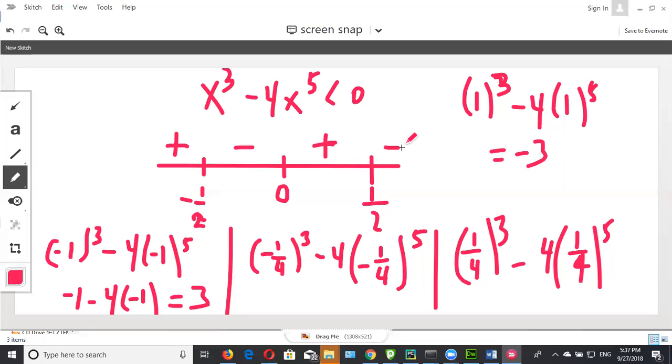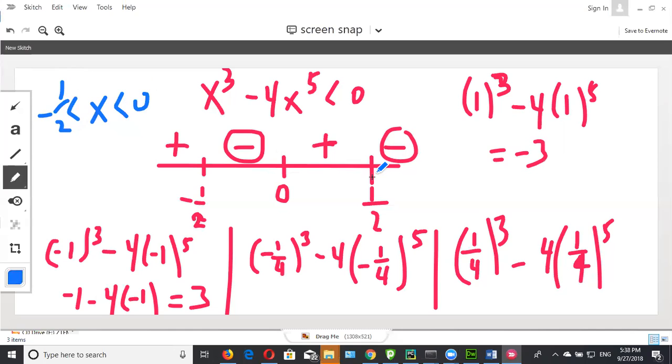So here it's negative. The signs are plus, minus, plus, minus. The regions where the function is less than 0 are the two regions with negatives. So the answer to our inequality, where is this less than 0? We have two regions. One is between minus 1/2 and 0, so x is greater than minus 1/2 and less than 0.